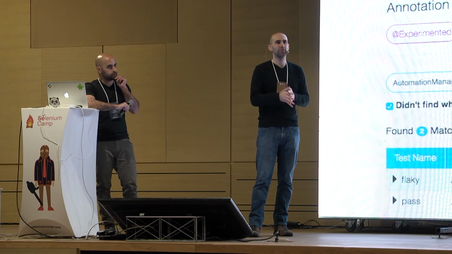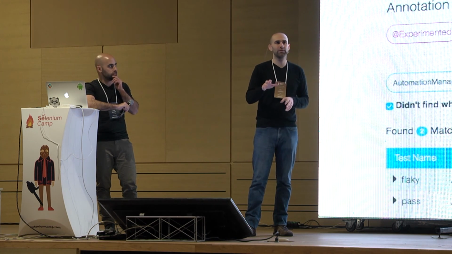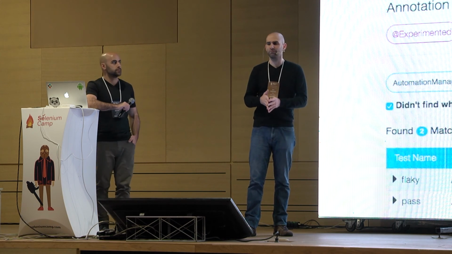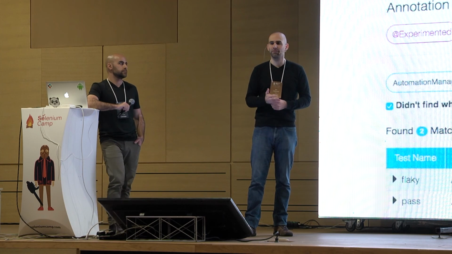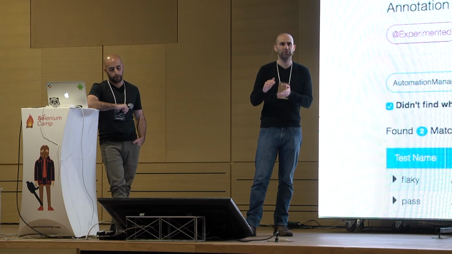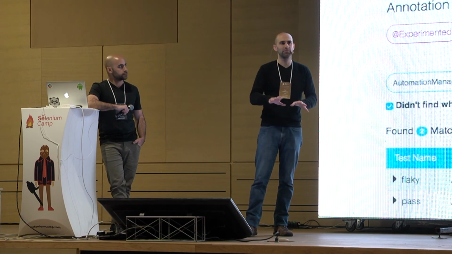This is why the algorithm must be super accurate, and it's a very sensitive area. Usually, if we identify a failure or even a few failures, we don't move the test to flaky.